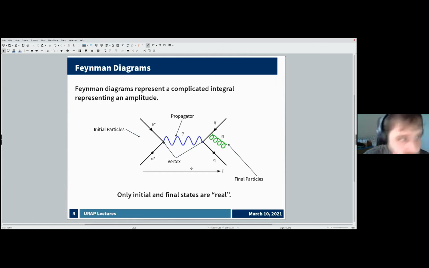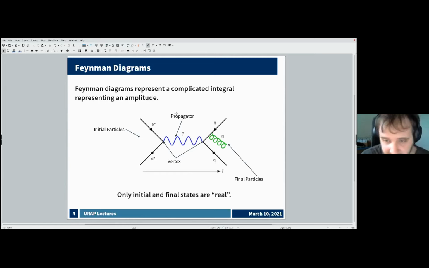Some of the terminology, apart from initial and final particles, to look for is the vertex. This is just another type of interaction. And a propagator is a particle that exists somewhere in the interaction. I'll talk more about both of them later, but the main thing I want to highlight is that only the initial and final states are, in quotes, real.